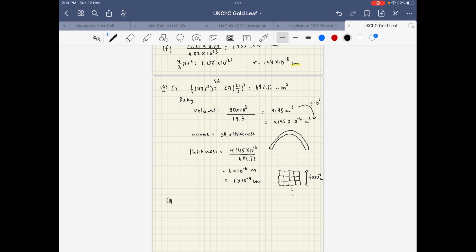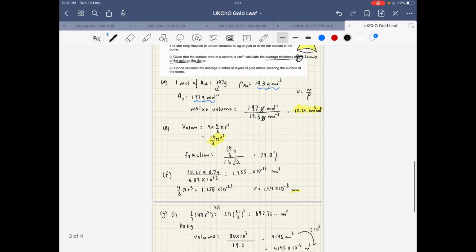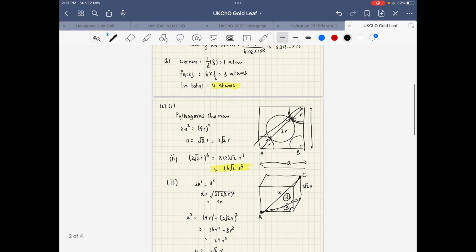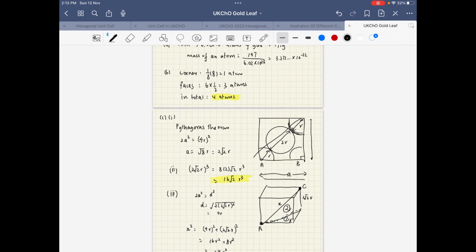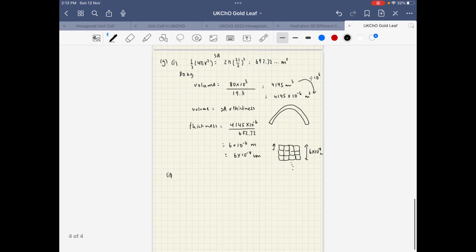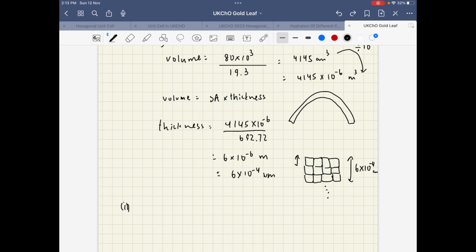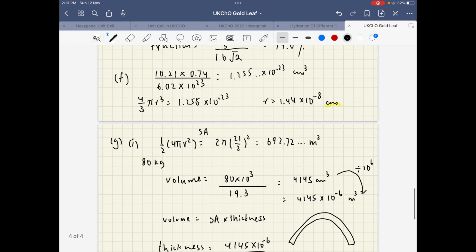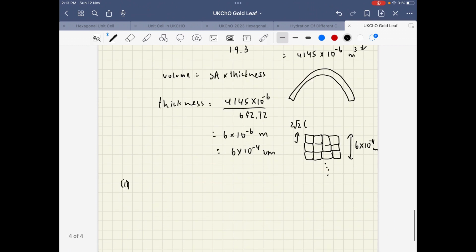Each of these cubic unit cells has a length of, using my answer before, 2 square root 2 r, where r is the radius of the gold atom, and as we found before, r is 1.44 times 10 to the power of minus 8 centimeter.